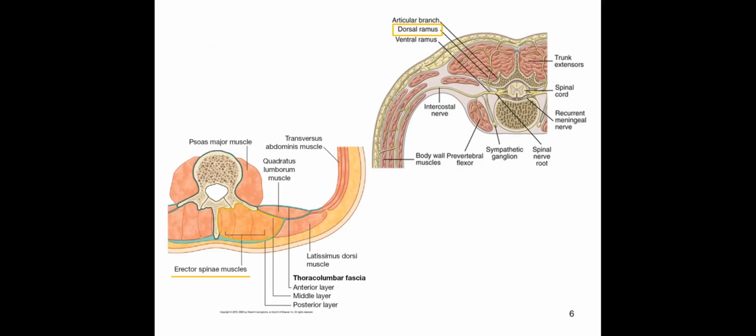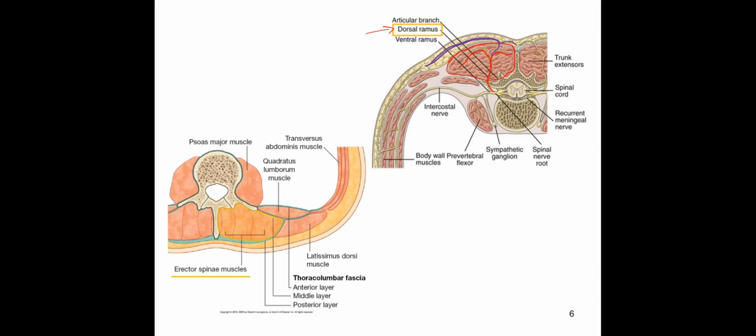Same information, just a different look. Again, we have that dorsal ramus. It's coming out. This is the same picture we had previously, where we have innervation to the muscle of the deep back. This could be any general muscle that flanks the vertebral column or is in the vicinity. And then, of course, we have the sensory information that can go quite widespread.